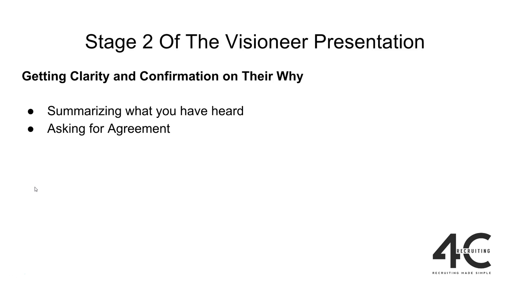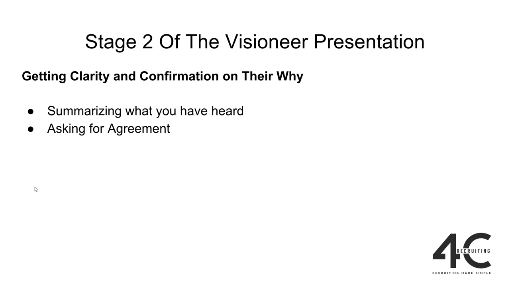So the science to this is, yes, you do have to get clarity and confirmation on their why, because we're going to use this at the end of our Visioneer presentation. The art to this is being able to listen and interpret where maybe they're not saying it very clearly, getting to a place where you can regurgitate that clearly and then ask for agreement on that.